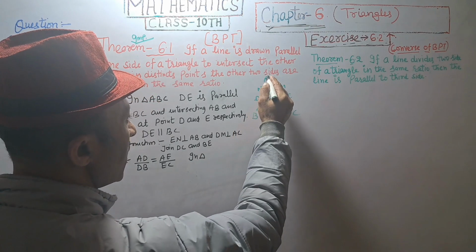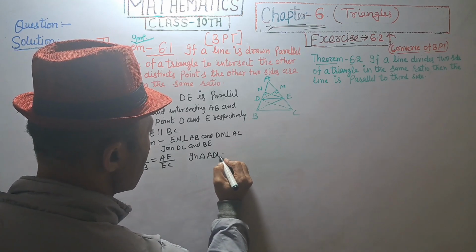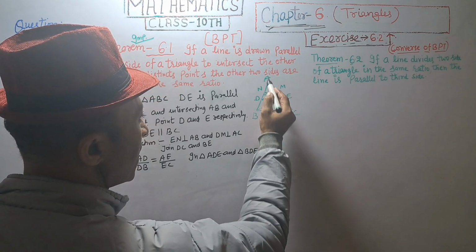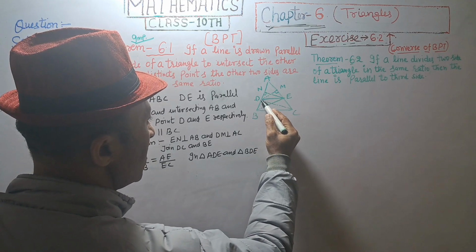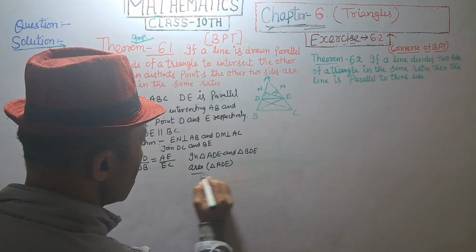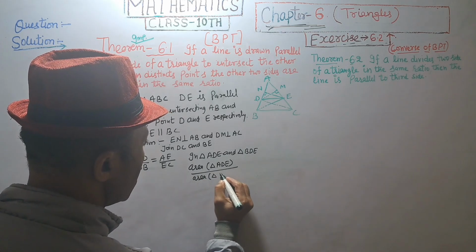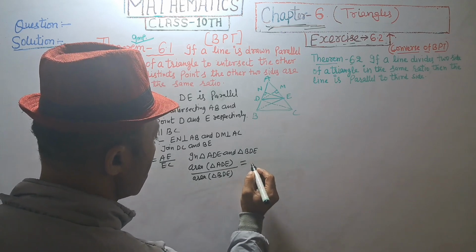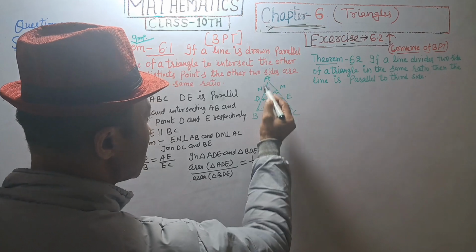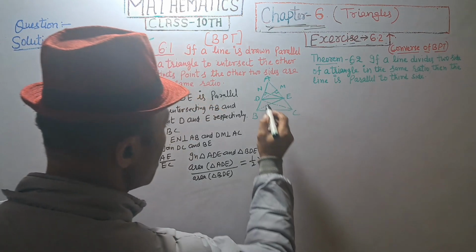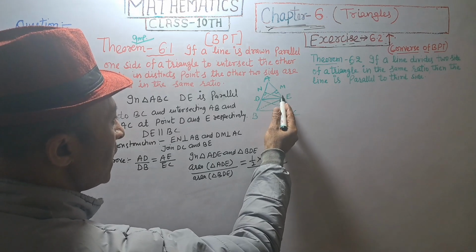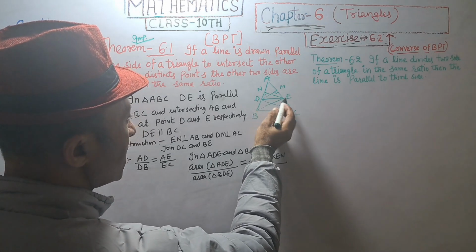In triangle ADE and triangle BDE, area of triangle ADE divided by area of triangle BDE is equal to half into base AD into height EN, over half into base DB into the same height EN.